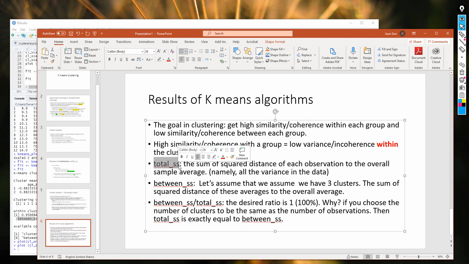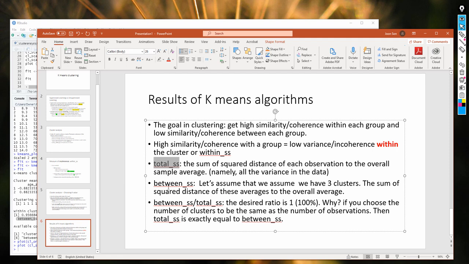It is simply the sum of the squared distances of all the observations to the overall sample average, so there's nothing you can do. But the between SS value changes depending on the K value.